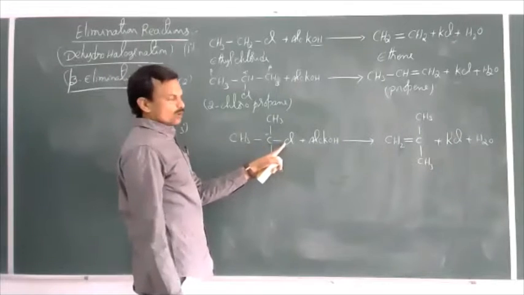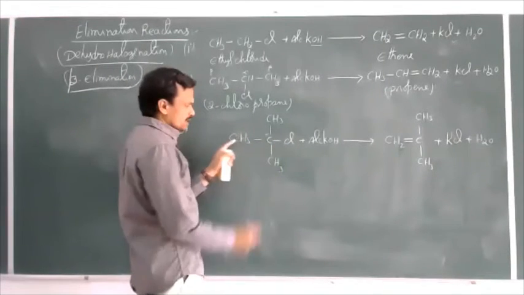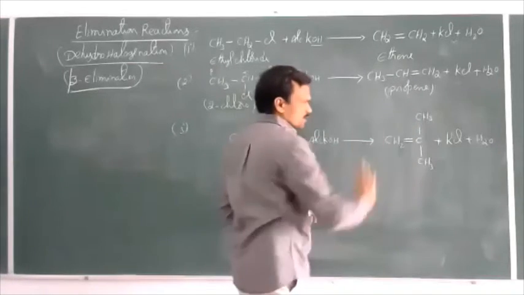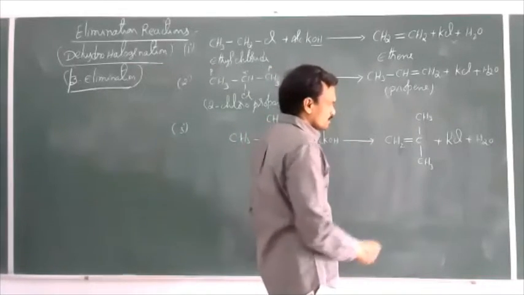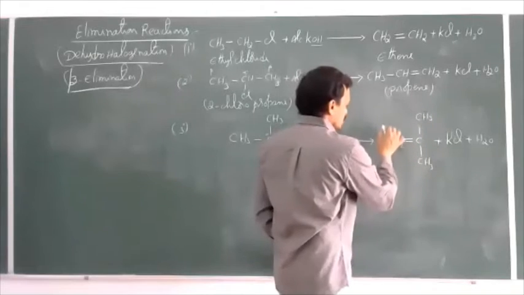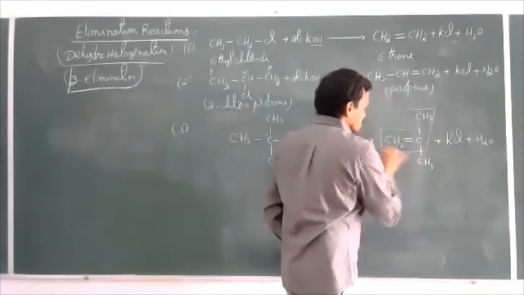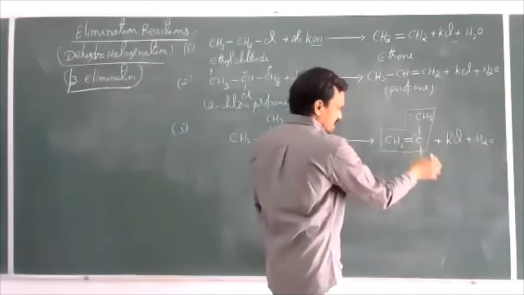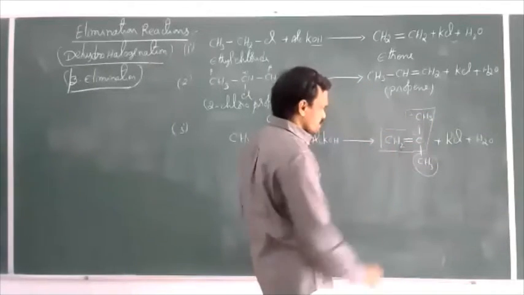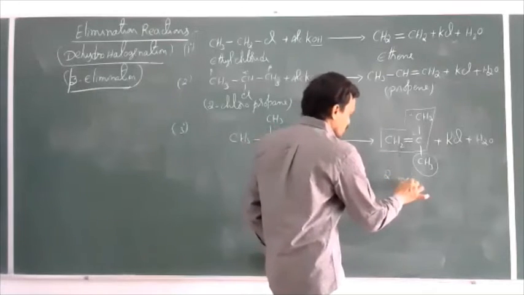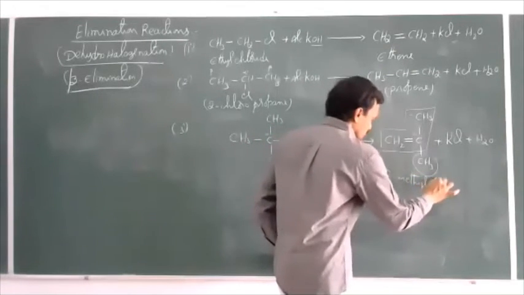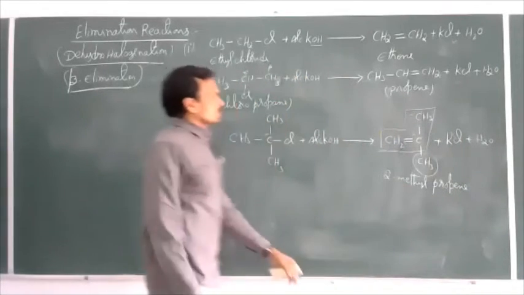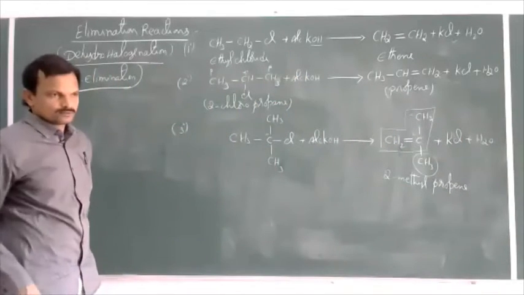From this carbon the halogen, and from this carbon the hydrogen I have eliminated, and I took the double bond here. This is the product that is formed. What is the name of this compound? The long chain contains 3 carbons: 1, 2, 3. At the second position, one methyl group is present as a branch. So this is 2-methylpropene, which is formed as the product.